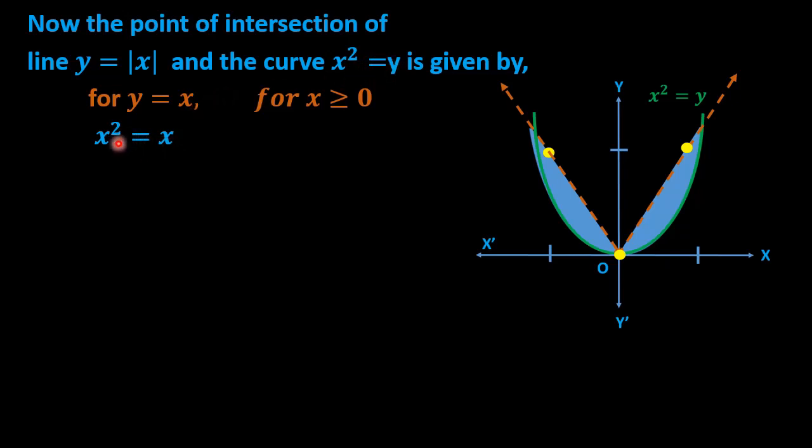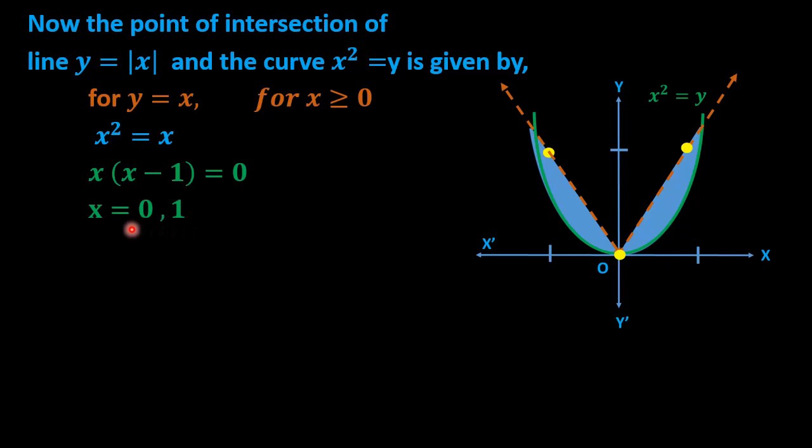So we shift this to the left hand side and take x common, so that x within bracket x minus 1 will be 0. So from here we get two values of x. One is x equals to 0 and another one is x equals to 1. So these are the two values.